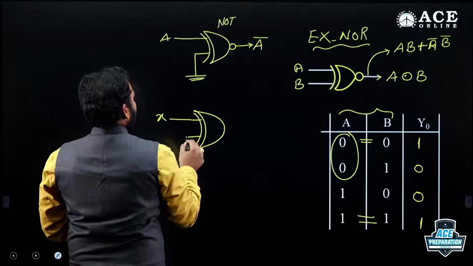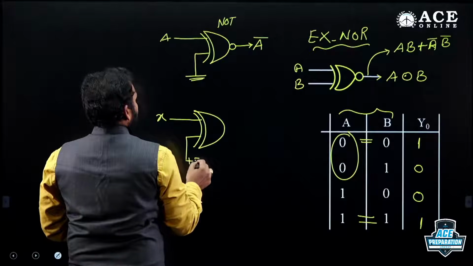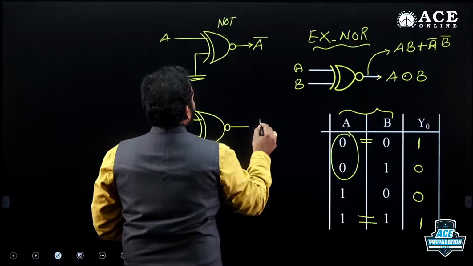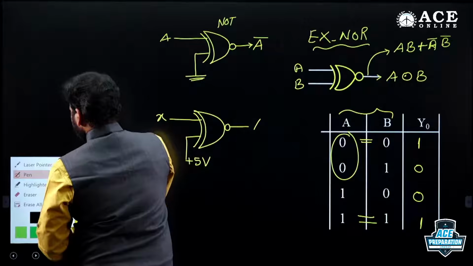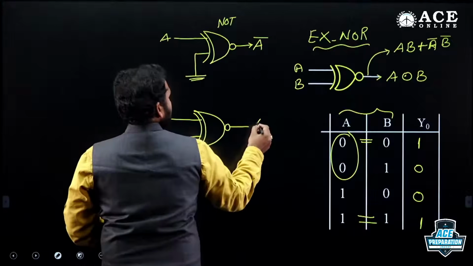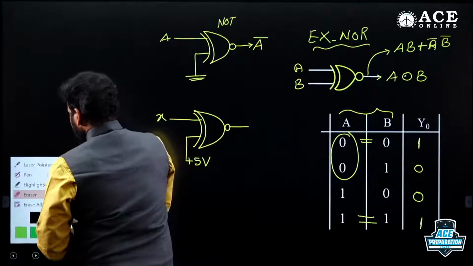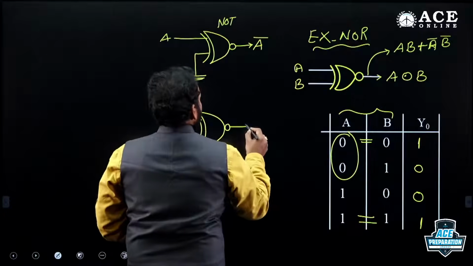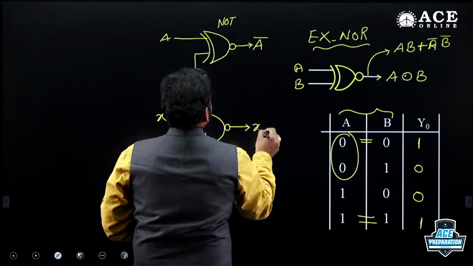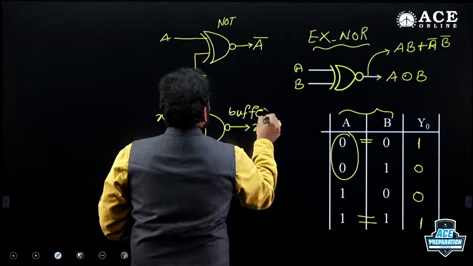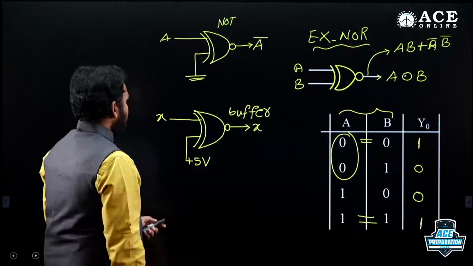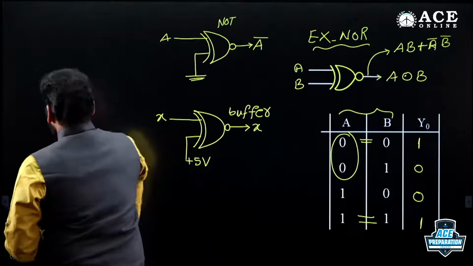X, A, Y, whatever you want. If the other input is 1, it acts as buffer.